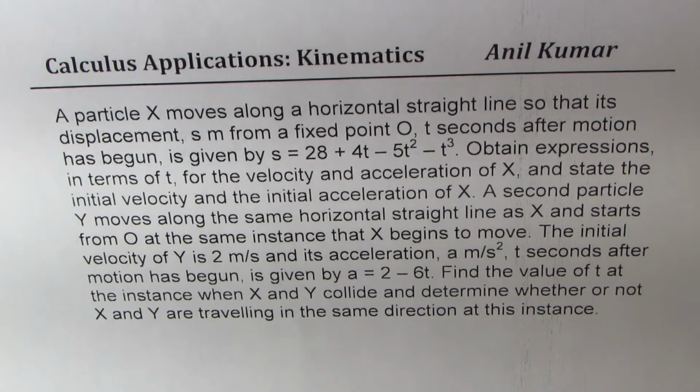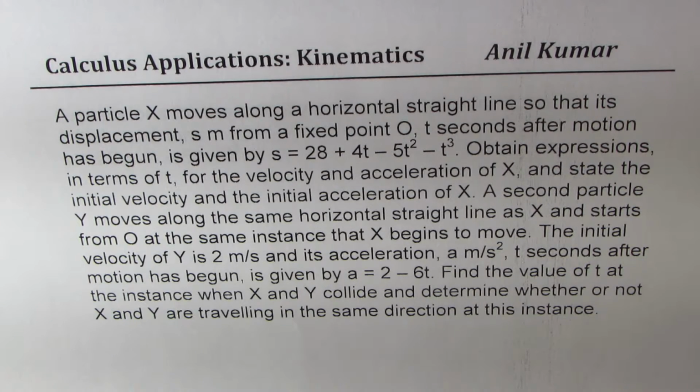The initial velocity of y is 2 meters per second and its acceleration a meters per second squared, t seconds after motion has begun, is given by a equals 2 minus 6t. Find the value of t at the instant when x and y collide and determine whether or not x and y are traveling in the same direction at this instant.